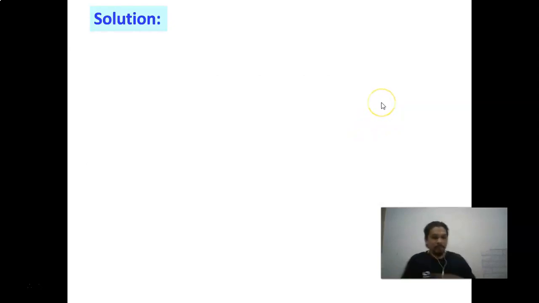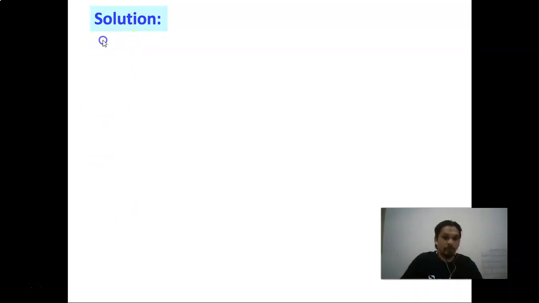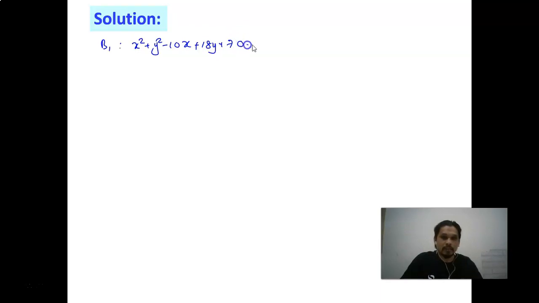Okay, so for this example, let's copy out both equations of the circles given in the example just now. B1 is x squared plus y squared minus 10x plus 18y plus 70 equal to 0. Okay, the first circle B1.